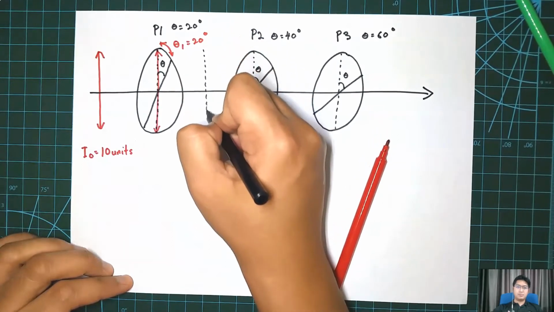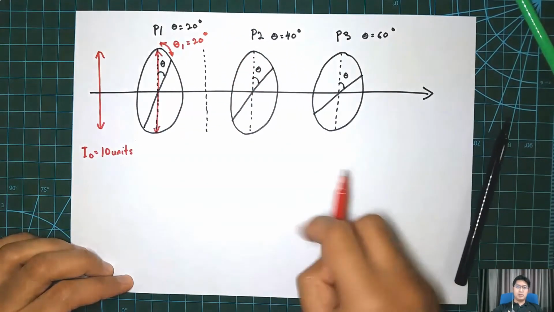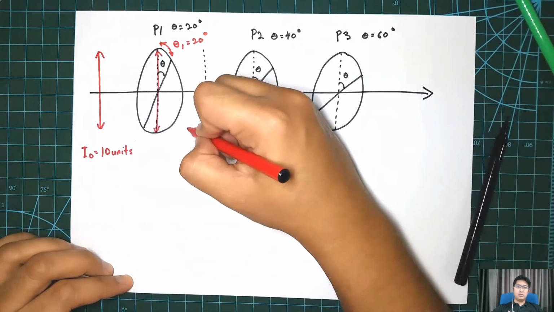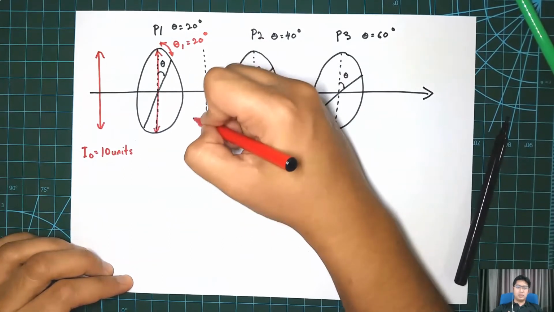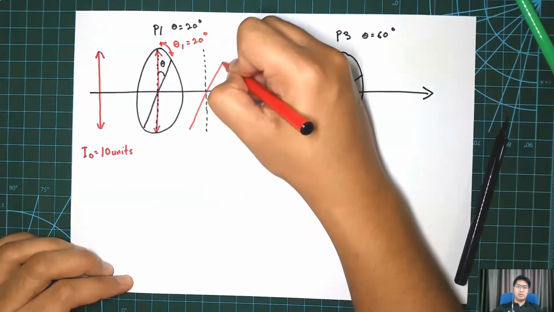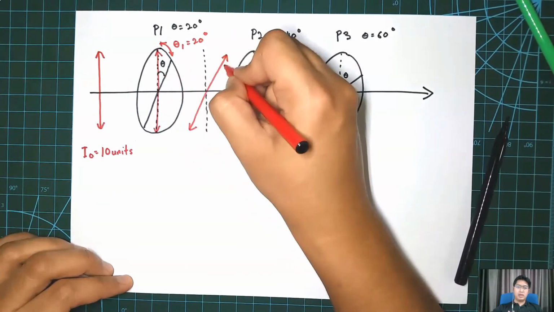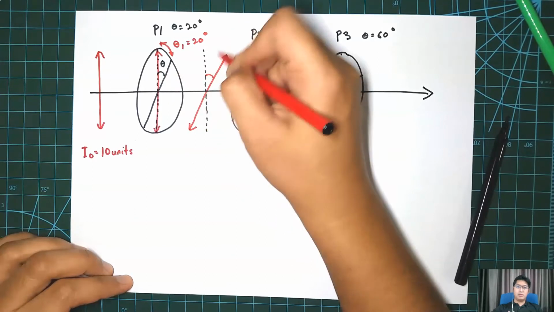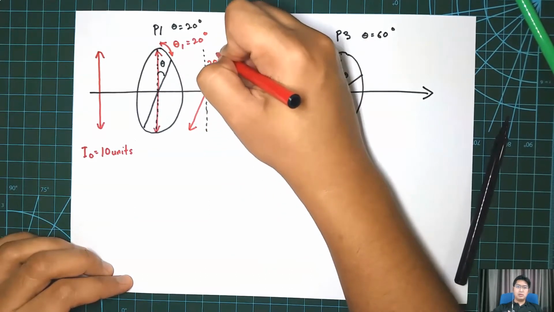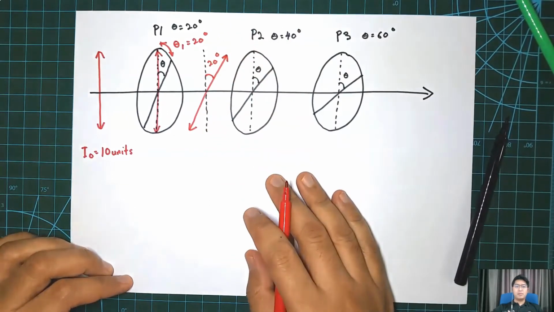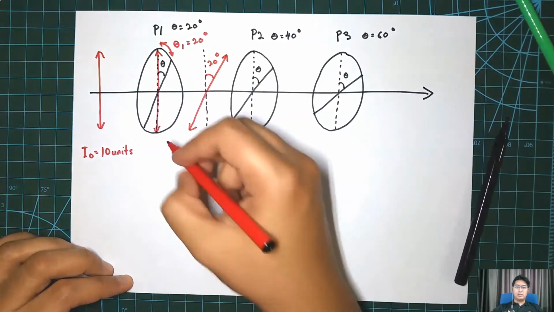So the incident light is 20 degrees with respect to the transmission axis, and then the output light, the light that is coming out from the polarizer, is also 20 degrees with respect to the vertical axis.